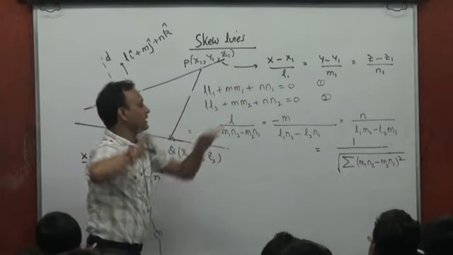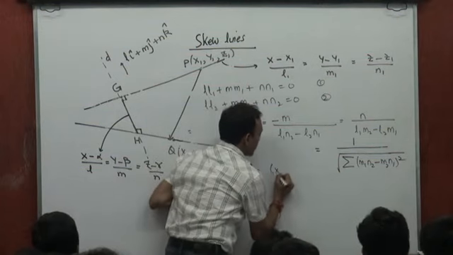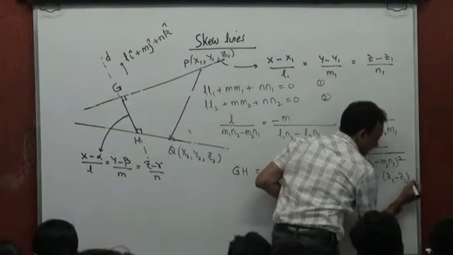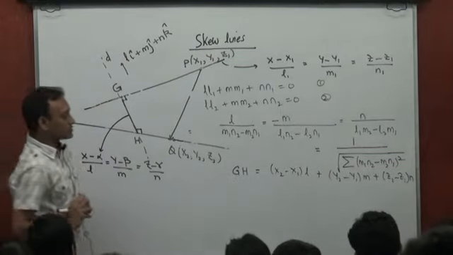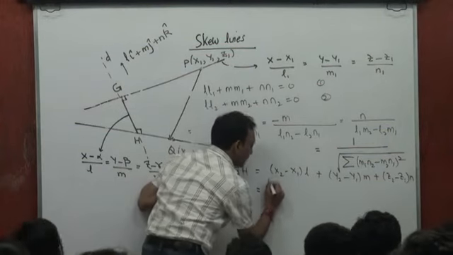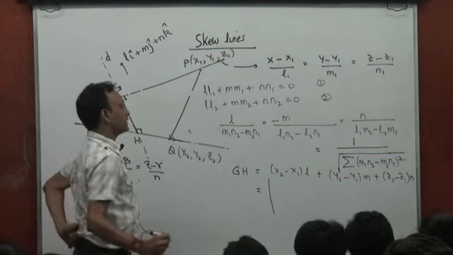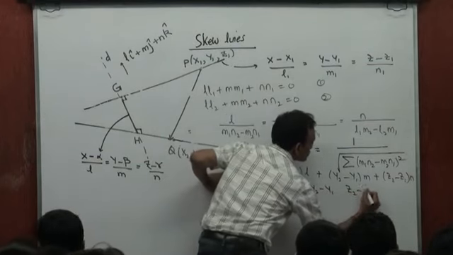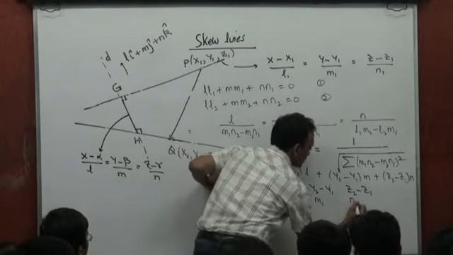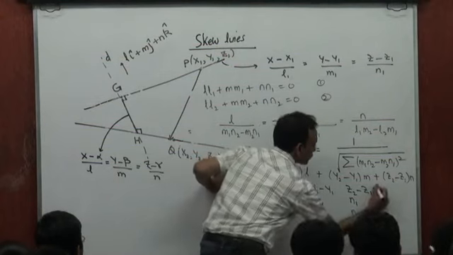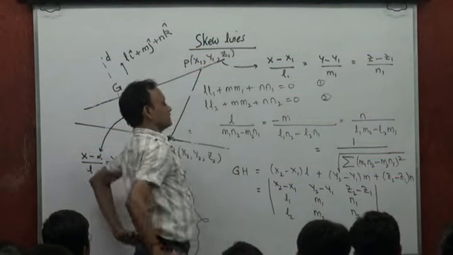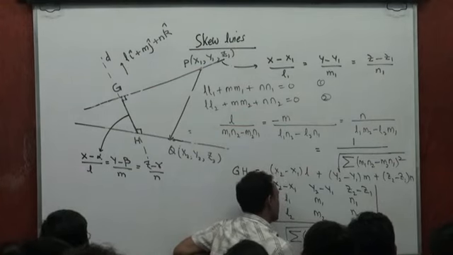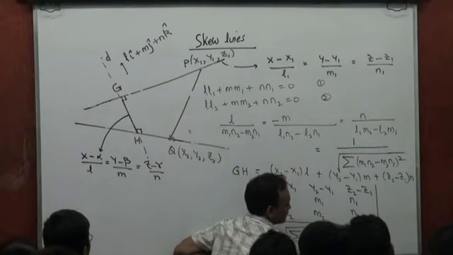So, once you plug in the value of L, M and N in the expression GH, which would either be x2 minus x1 L plus y2 minus y1 M plus z2 minus z1 N or its magnitude, it will turn out that this expression will be actually the following determinant: the determinant x2 minus x1, y2 minus y1, z2 minus z1, L1 M1 N1, L2 M2 N2, the whole divided by square root of summation M1 N2 minus M2 N1 whole squared.